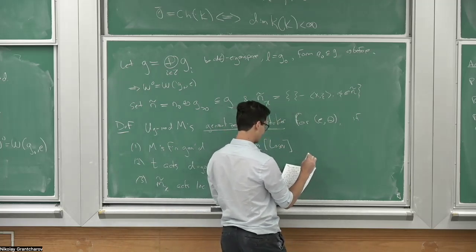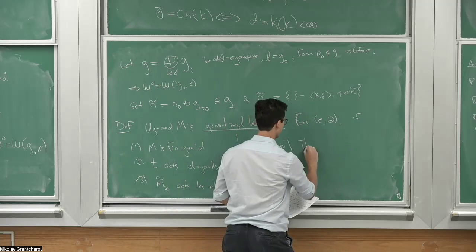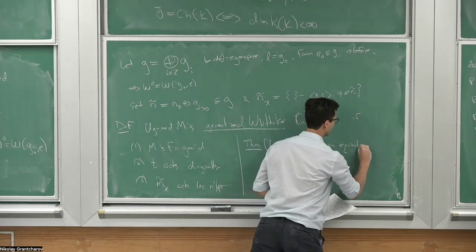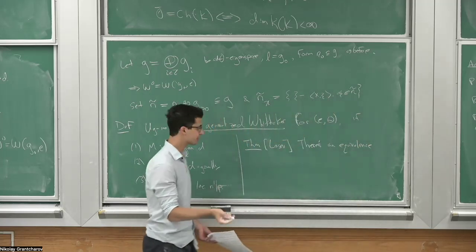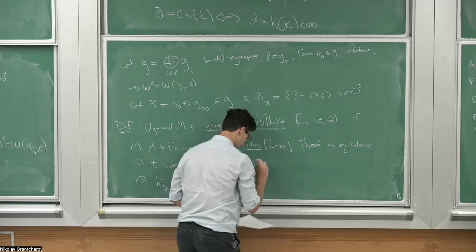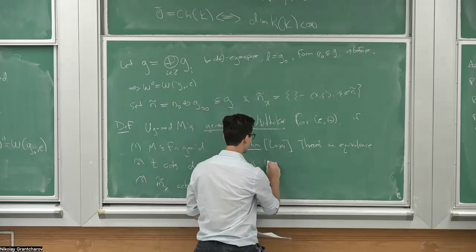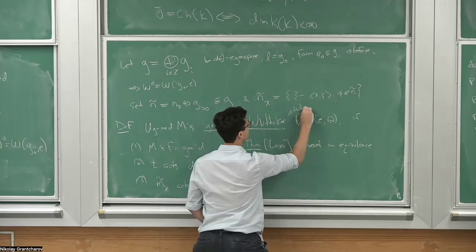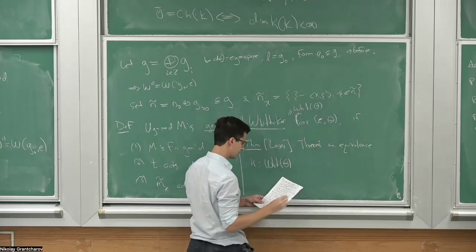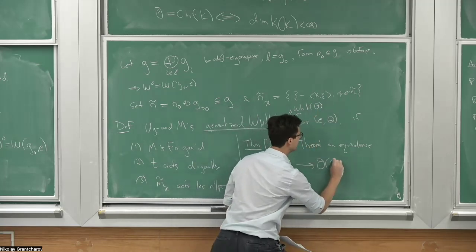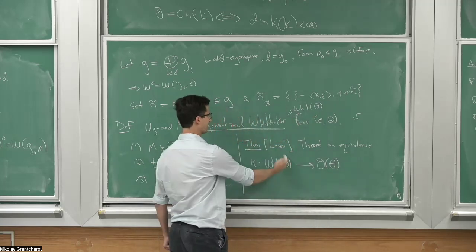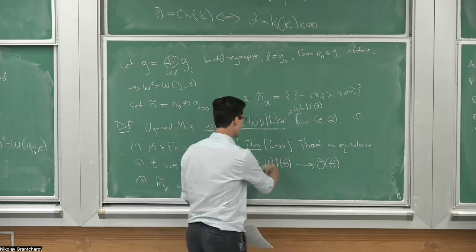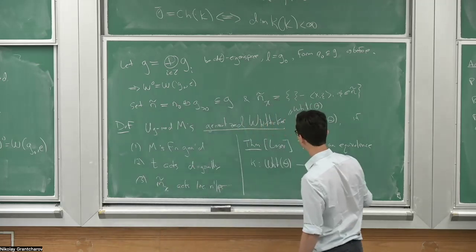So there's an equivalence given by Whittaker reduction from this generalized Whittaker category and category O. These are UG modules, these are W modules.